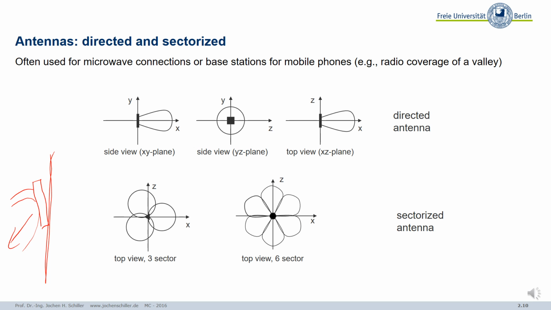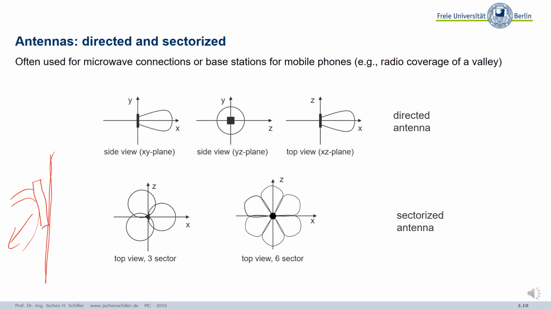A satellite dish tries to receive the signals from space, and on a satellite you also have a small dish that is directed down to Earth and not into outer space. So an isotropic radiator on a satellite is not very brilliant. So you have these directed antennas there as well. Especially for microwave connections, or 60 gigahertz connections, etc., as I will show you, you need these directed antennas.